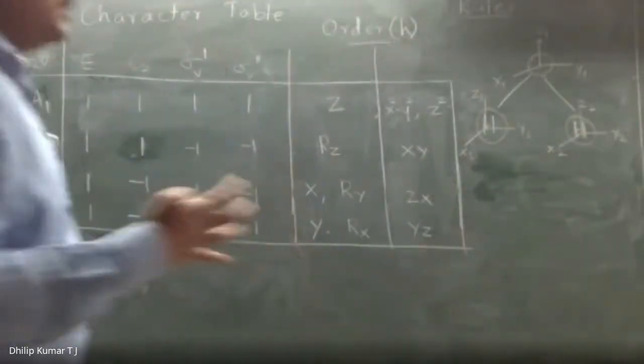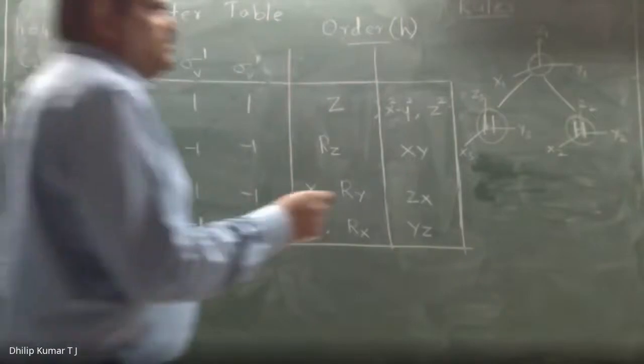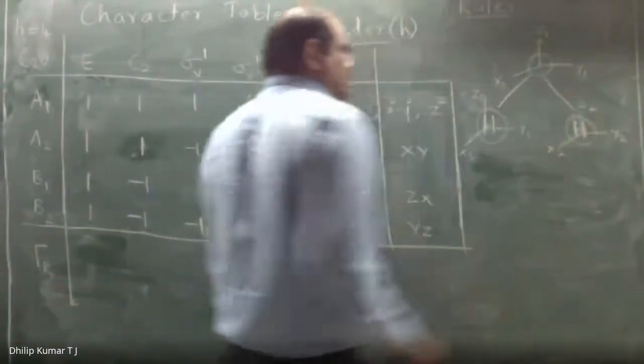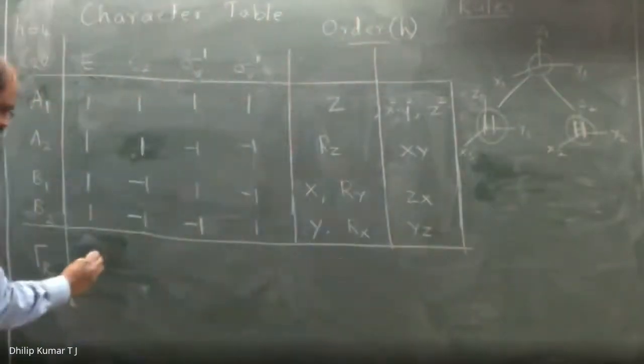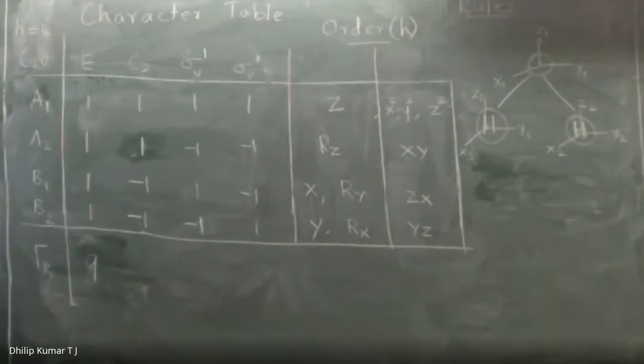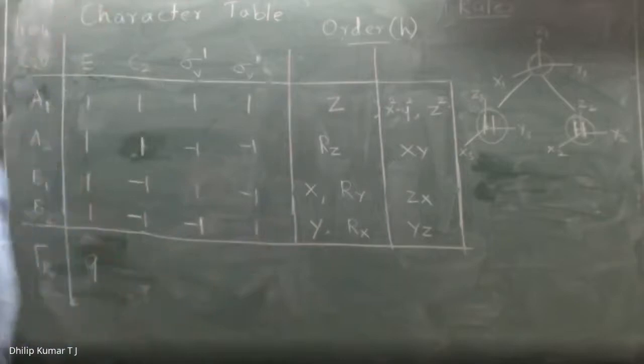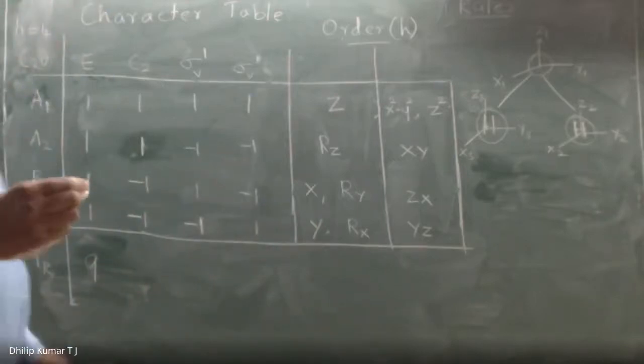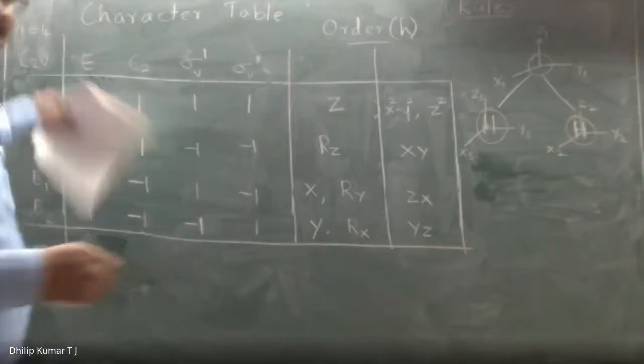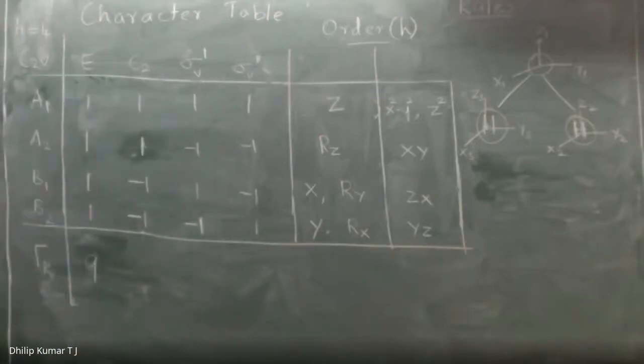So all the atoms are unchanged. That means the vectors also remain as such. So it will have 9 vectors. I just write 9 here. How does 9 come? The x1, x2, x3 is 3, y1, y2, y3 another 3, z1, z2, z3, all are going to be at the same place by symmetry operation E. That's why I have written 9.